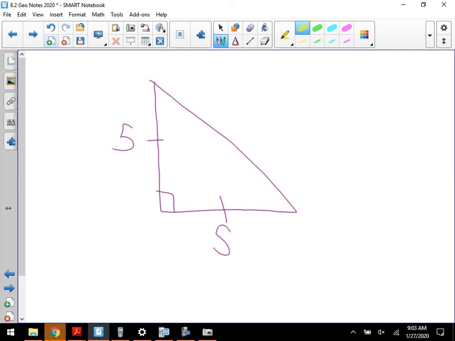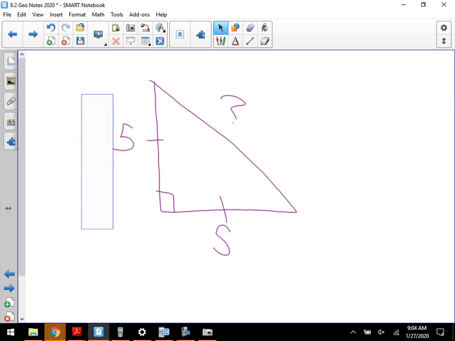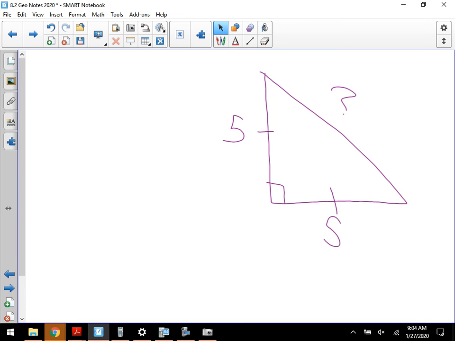If I know my side lengths, what do I do to figure out the hypotenuse in this case? Is the hypotenuse the A, B, or C from there in the C? Okay. So what happens then is we're trying to figure out this. Let's just move it. We would wind up with 5 squared plus 5 squared is C squared.